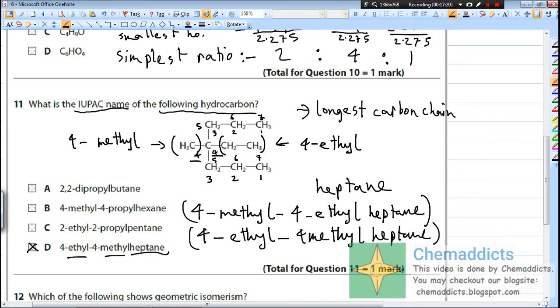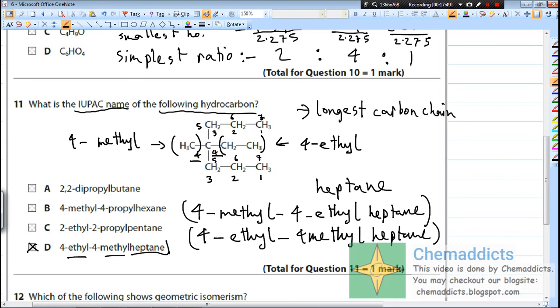Here is one thing that we should have noticed earlier: the longest carbon chain of this compound is 7, so the last name should be heptane. The only correct answer has the name heptane in it.